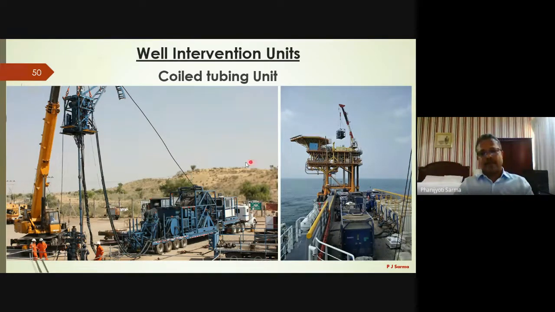It is not very simple. I would not say this is also simple, but this is more cumbersome compared to the onshore operation, because some of the equipment and some people are on the platform, some are in the vessel, and there has to be very good coordination between them.